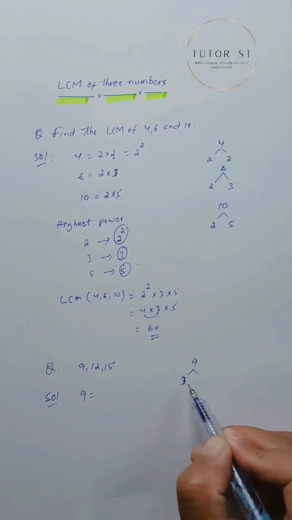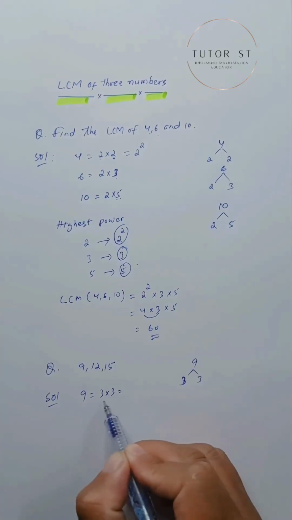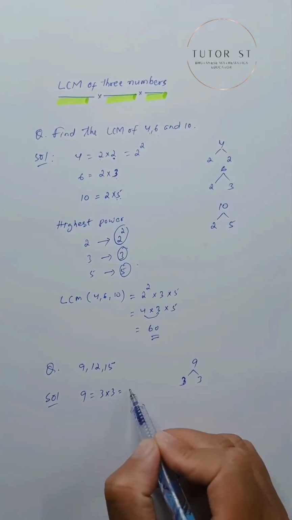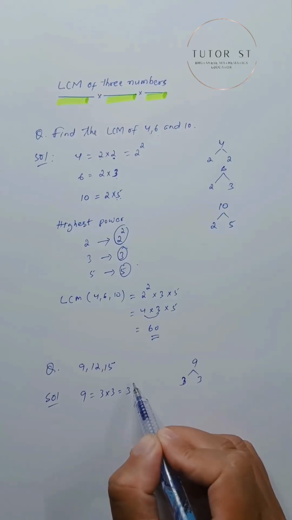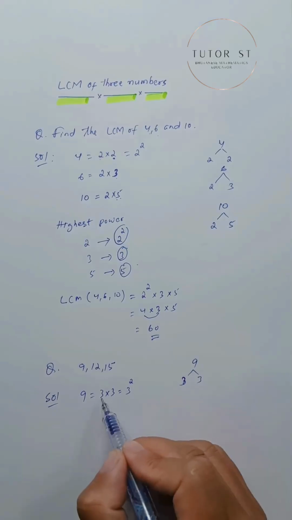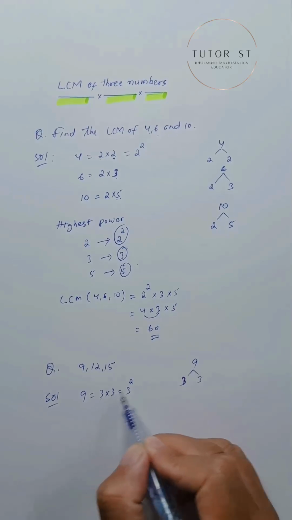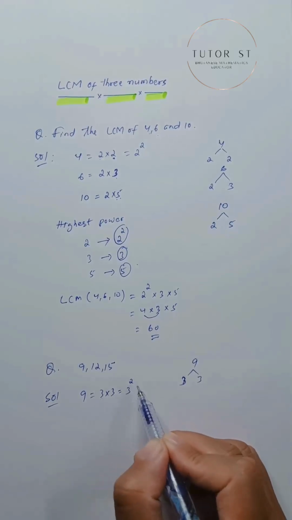Instead, I'm going to start with 3. 3 times 3 will give you 9. Since we have two 3's, I can write this as 3 raised to the power of 2. The number of 3's that we have will come as an exponent.